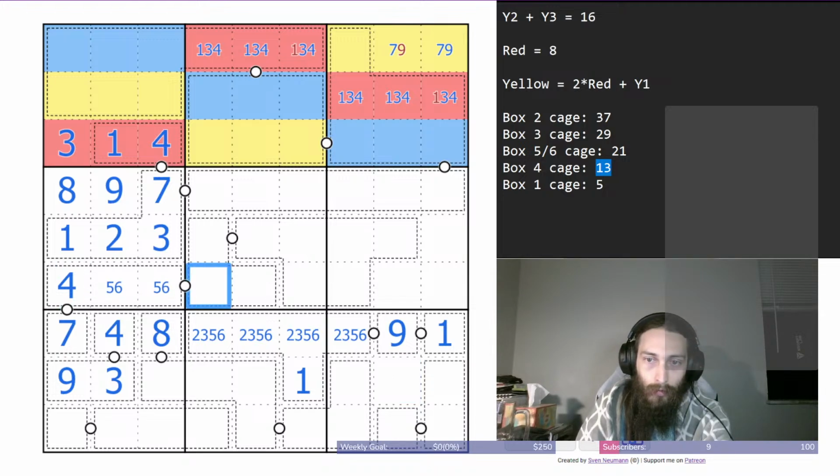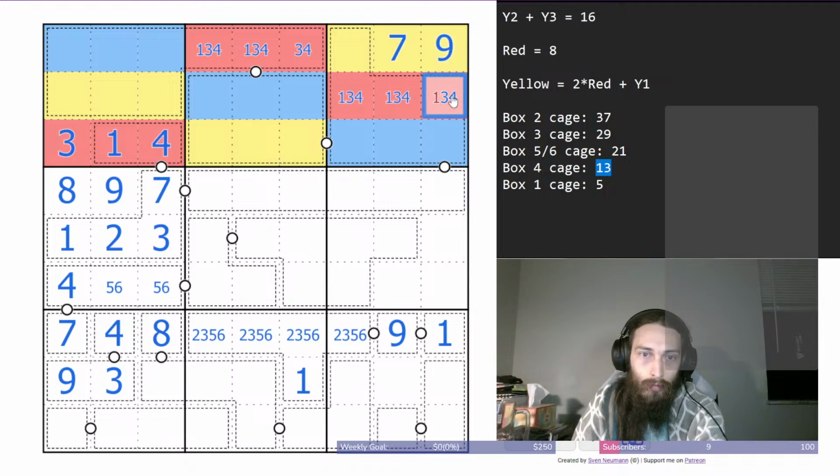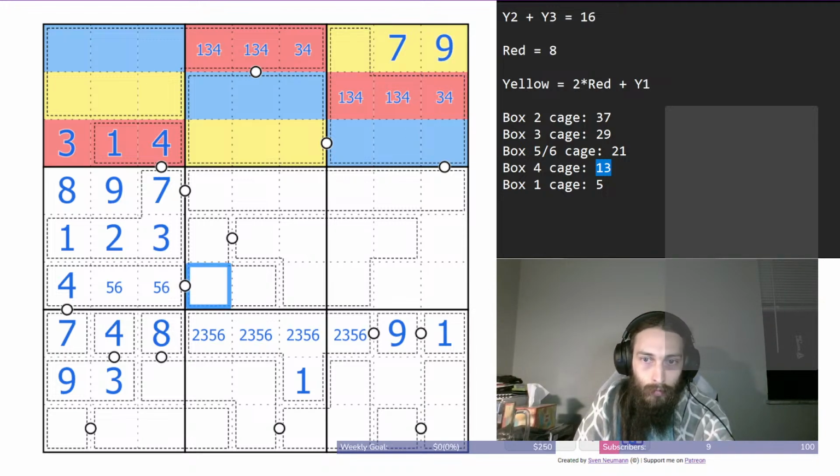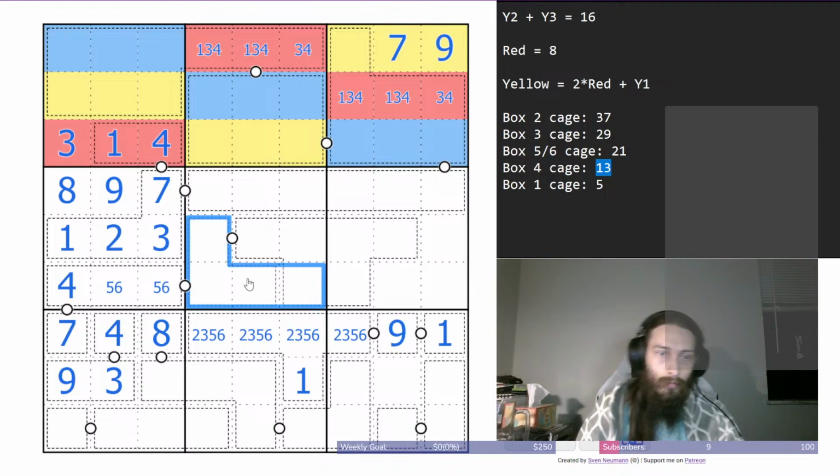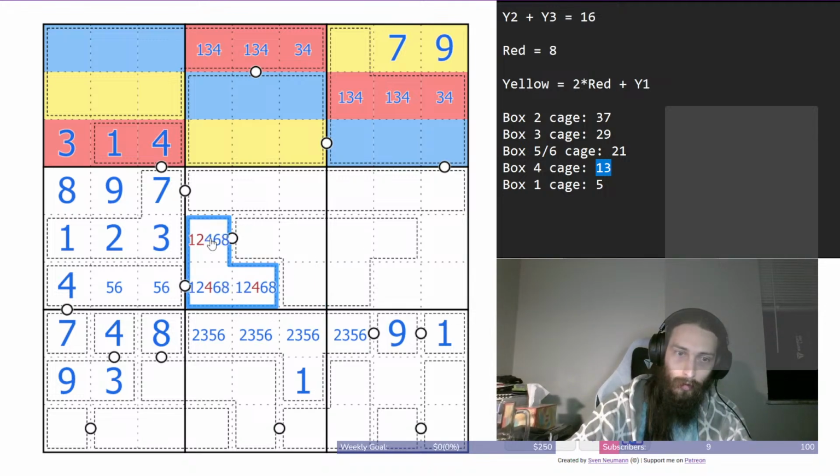So this has to be 15 minus 8 is 7. But that could be 1 and 2, and that could be 4. Right. And 15 plus 8 is 23, which is 1, 2, 4, or 6, 8, 9.